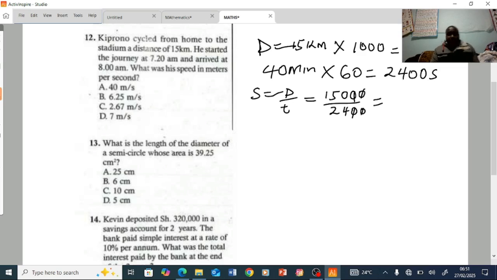You can simplify, and that one is 6.25 meters per second.